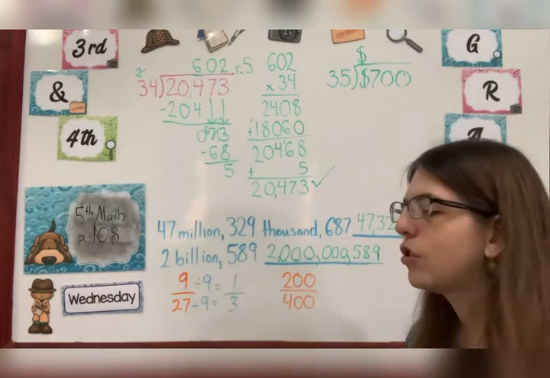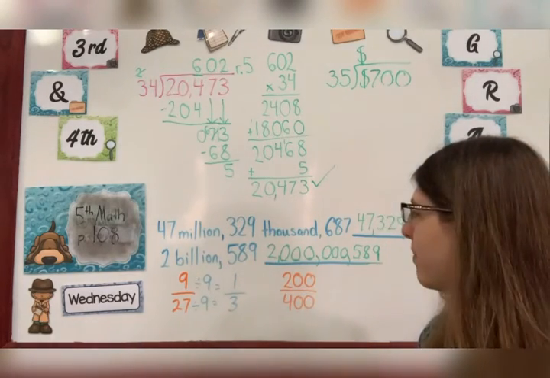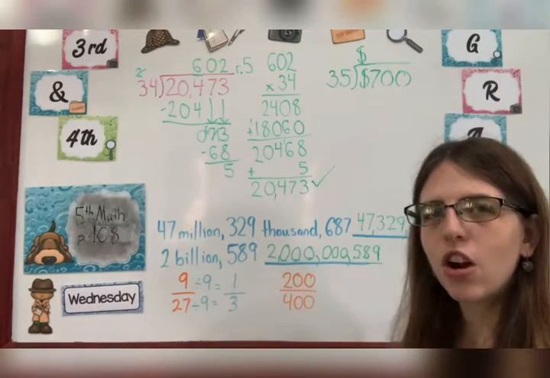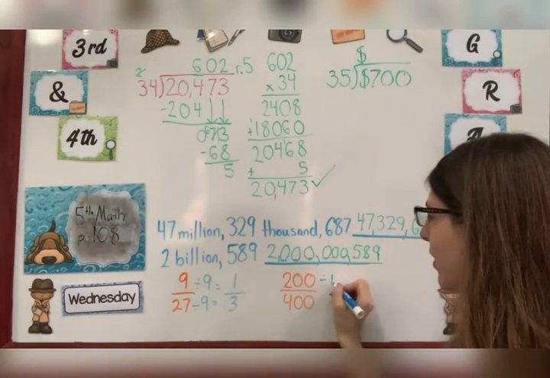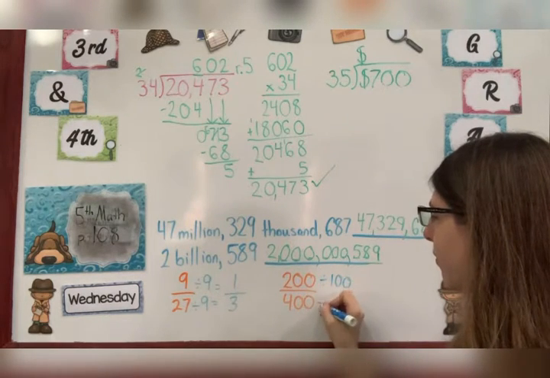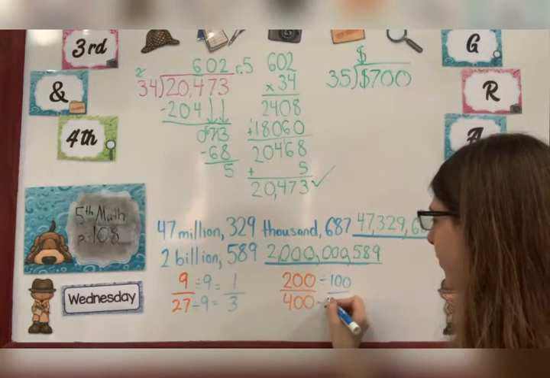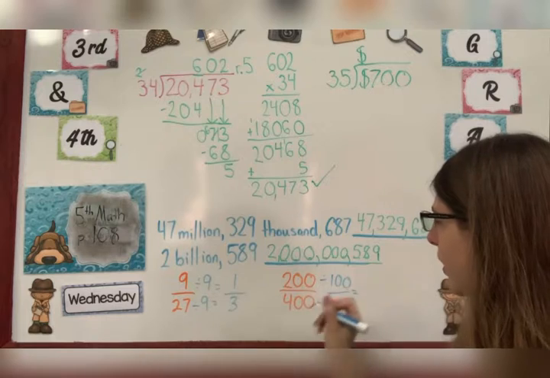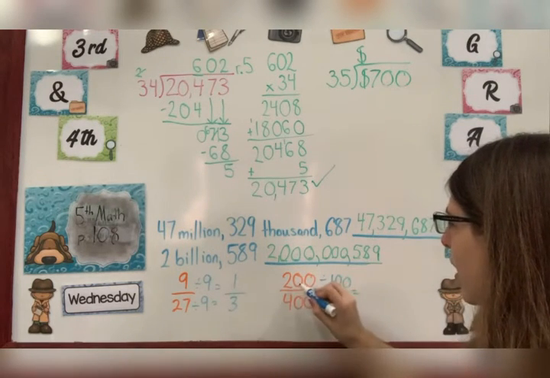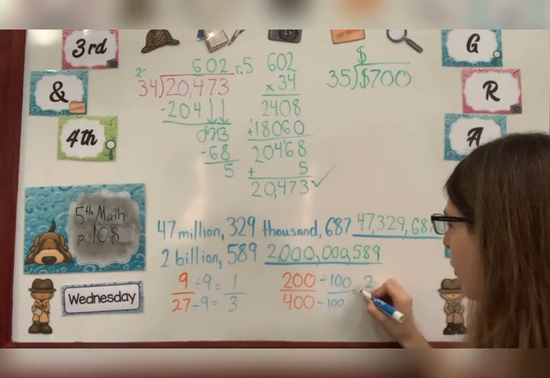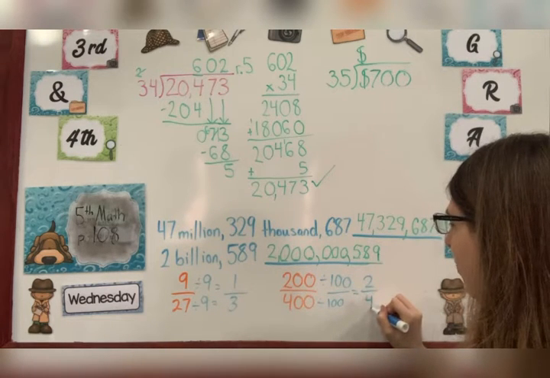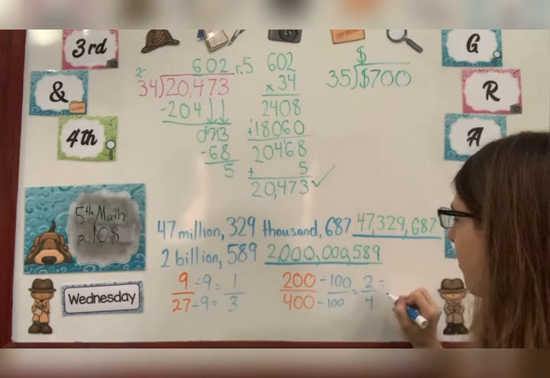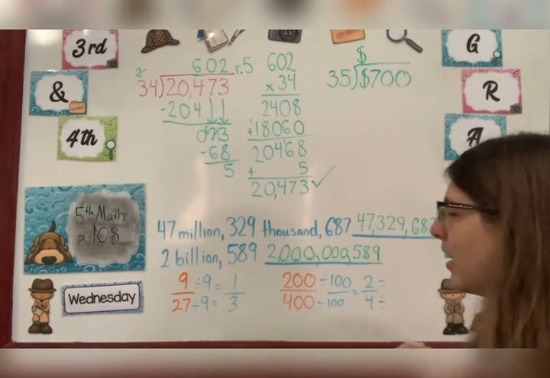Okay, how about 200 over 400? Well, let's just start by dividing it by 100 to get rid of our zeros. So 200 divided by 100, that just gets rid of our zeros, and we're left with 2. 400 divided by 100, we're left with 4. Now we can still divide this and reduce it a little more.